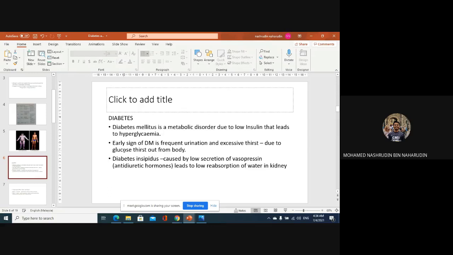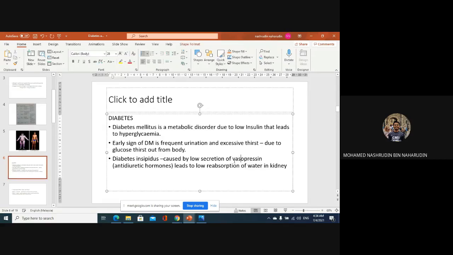So vasopressin is another name for the antidiuretic hormone, and I would say I like this name better than antidiuretic, because by looking at the name, vaso means vessels, pressin means press. We know that urine is blood that has been pressed to get rid of water in our kidney.